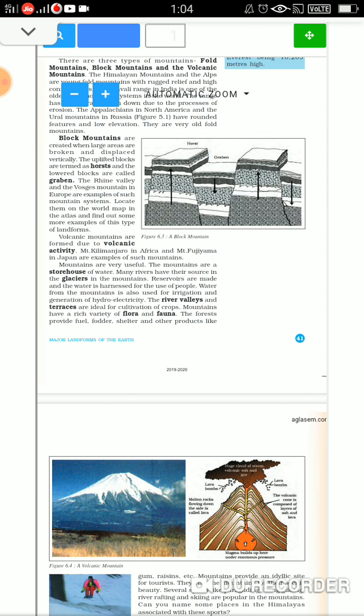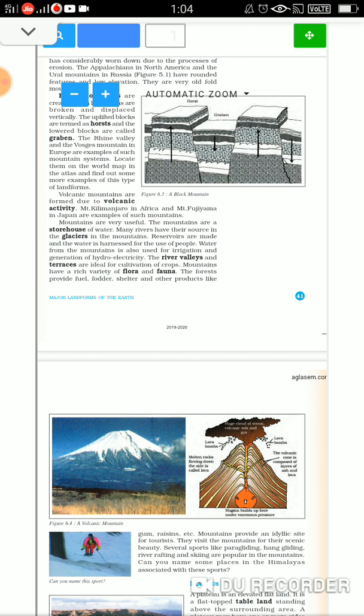Just check the map to find more about these mountains. Last come the volcanic mountains, formed due to volcanic activity, like Mount Kilimanjaro in Africa and Fujiyama in Japan.